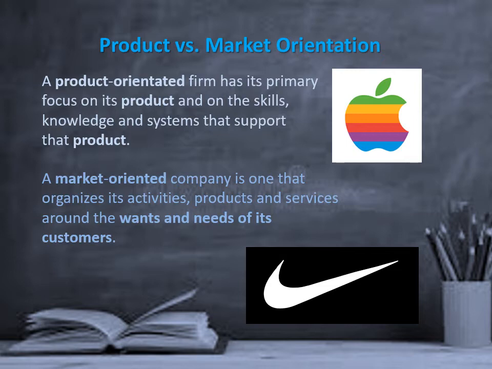That is, it wants to build the product that it feels it is good at. That is, they focus on creating a product and then later on creating the demand for the product, focusing on their marketing activities.